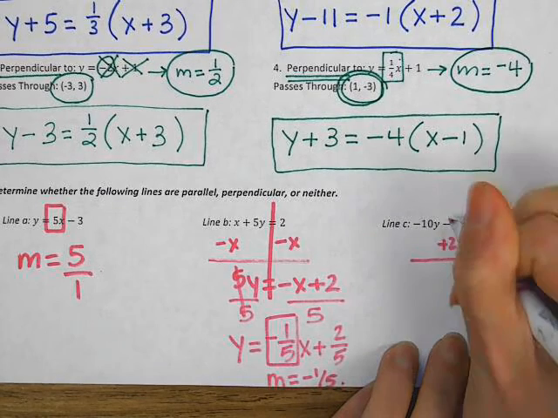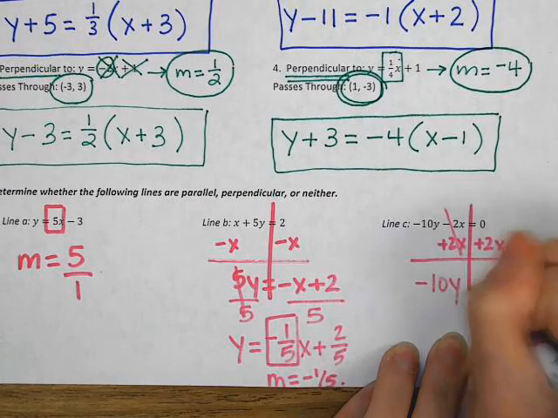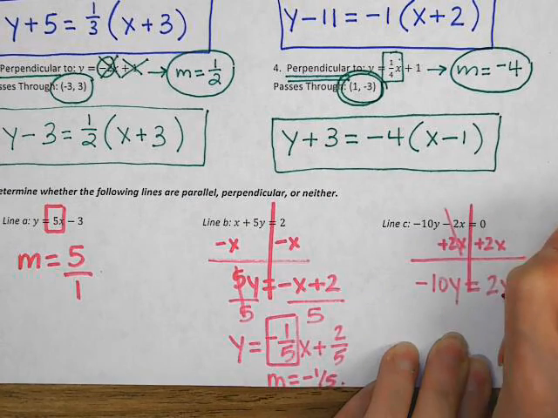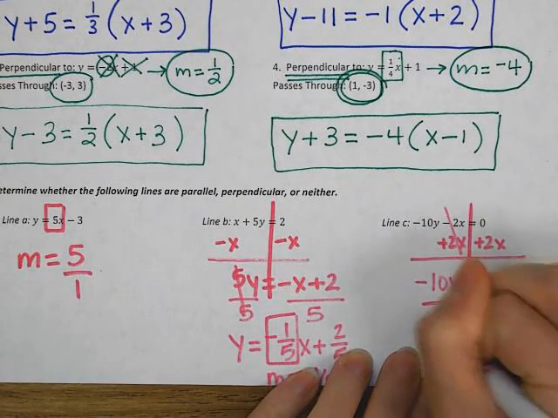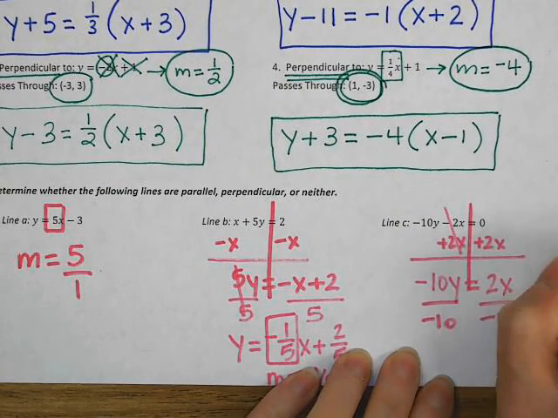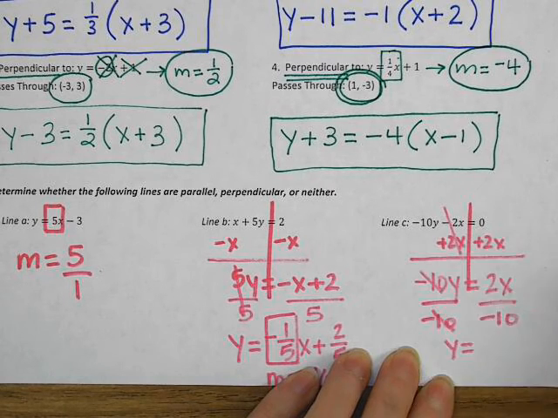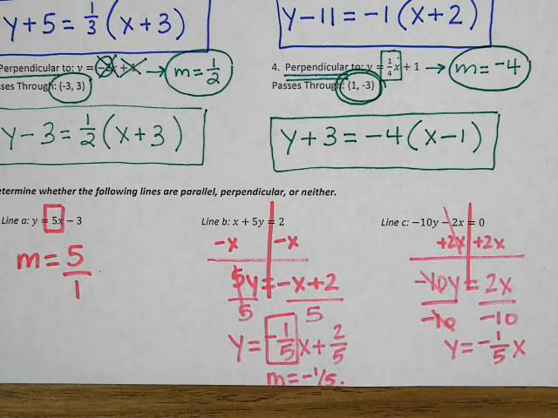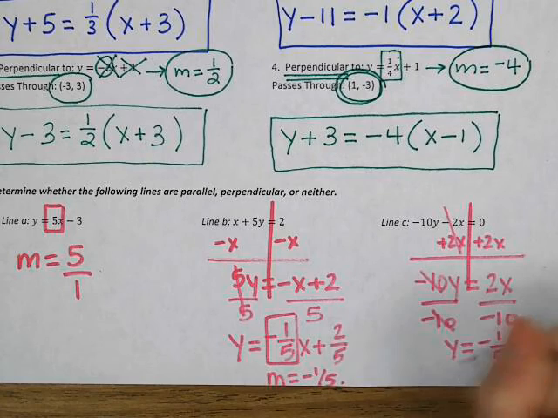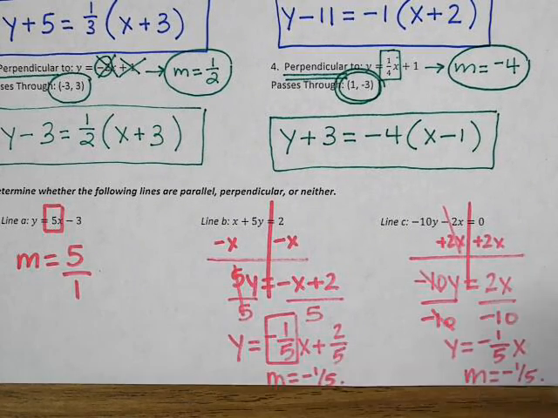And that becomes -10y equals 2x. And then to get y officially alone, we have to divide by -10. And if you reduce, you get y equals -2/10 reduces to 1/5 x. And y equals mx, so the slope is -1/5.